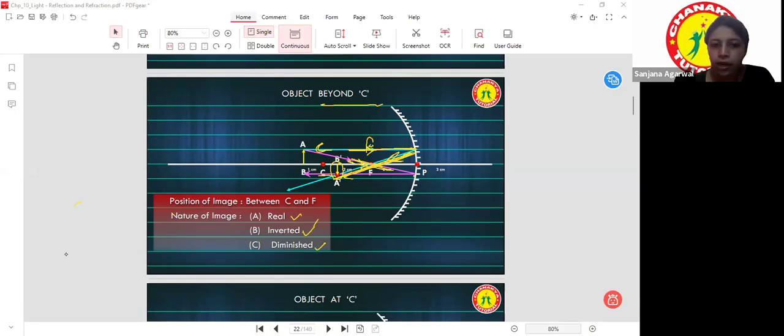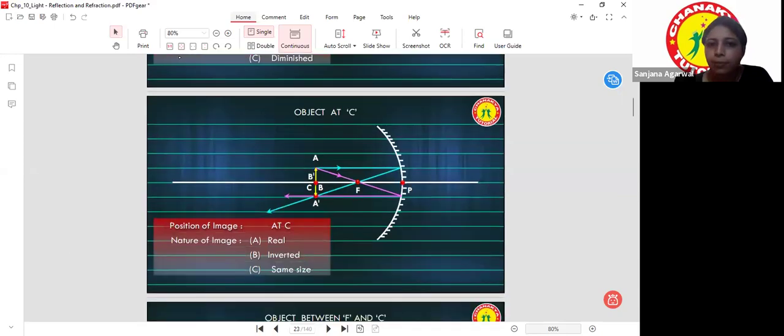Let us bring our object more close and keep our object at the center of curvature. Again, the two same rules. Children, actually these two rules, when we allow a ray of light parallel to the principal axis and after reflection it passes through the focus, and another passing through the focus going parallel to the principal axis, they are a bit simple to be taken.